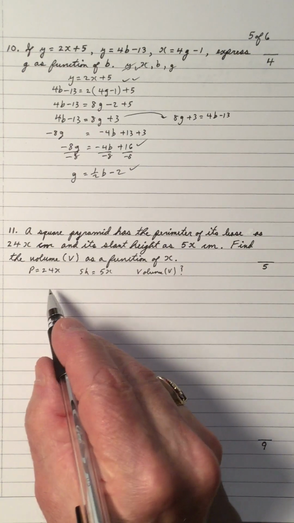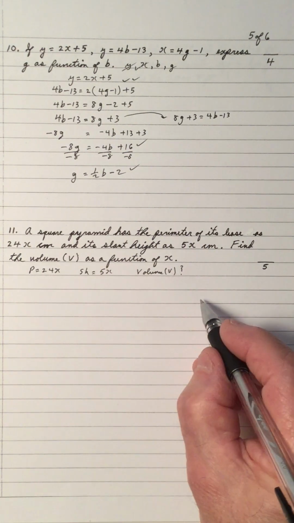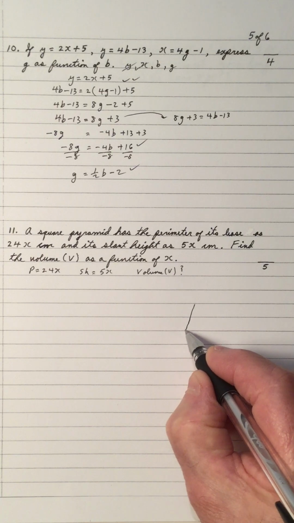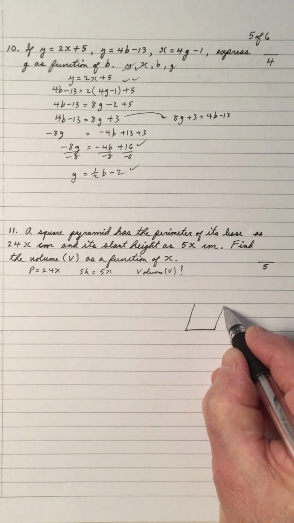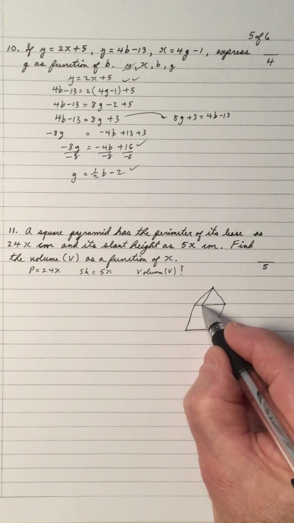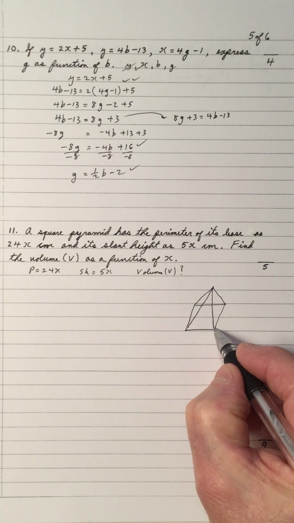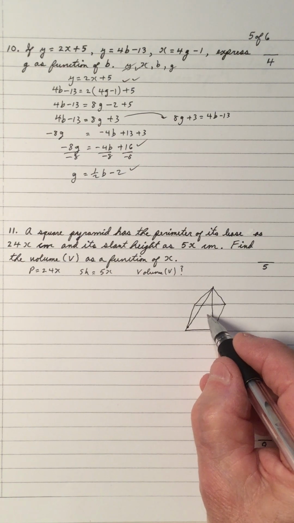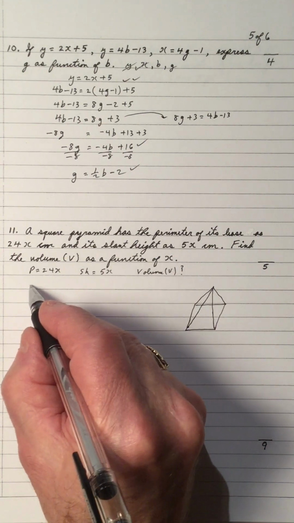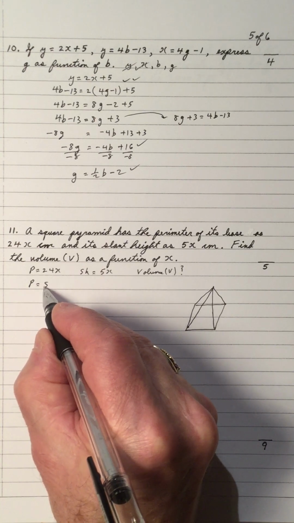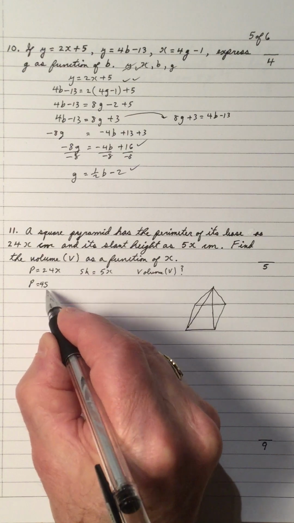It's a square base, so let's draw that diagram. Here we are. So this is the square pyramid. The base is a square, so the perimeter of the square is 4s.